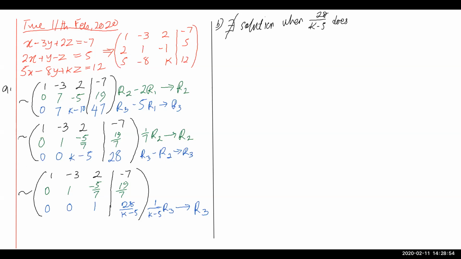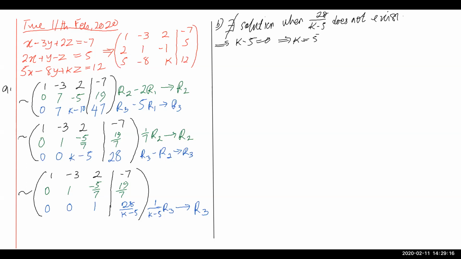Just like we did before. Let me take this away. 28 over k minus 5 does not exist. And that implies that when k minus 5 is equal to 0, which implies that k is equal to 5.